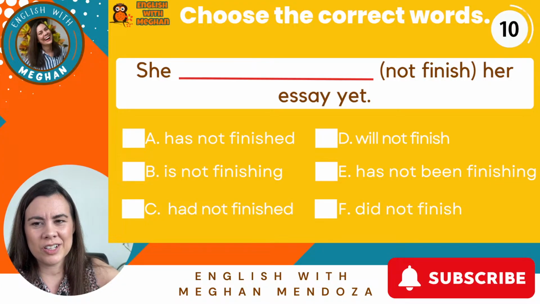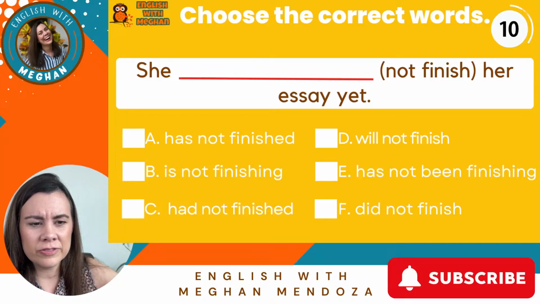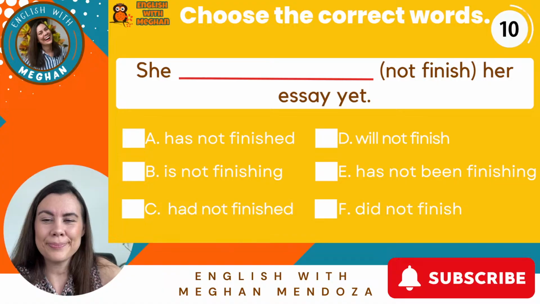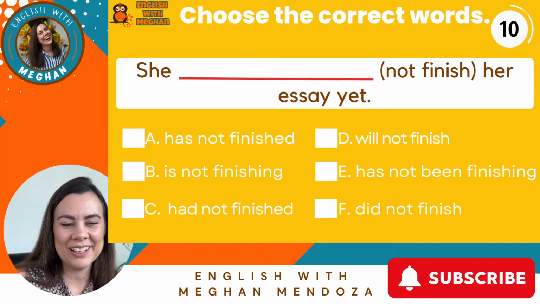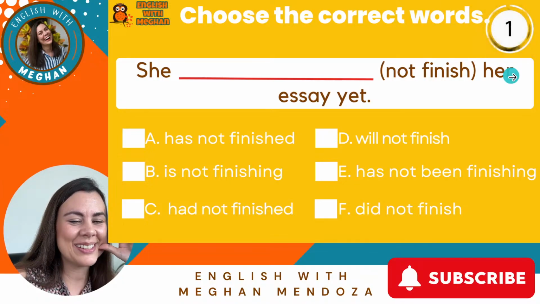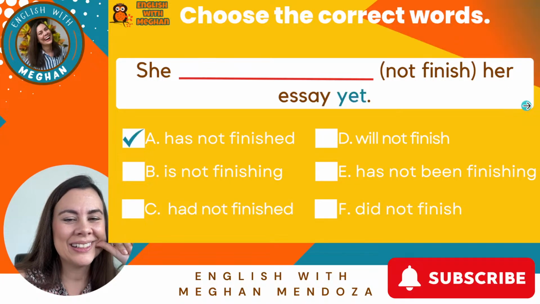What is our answer? A, B, C, D, E, or F? All right, 5, 4, 3, 2, 1. Has not finished. Yes, A.